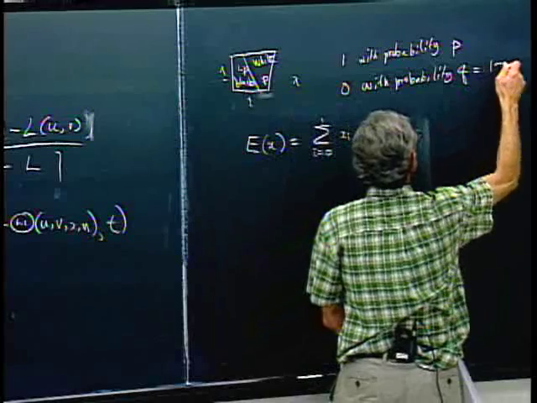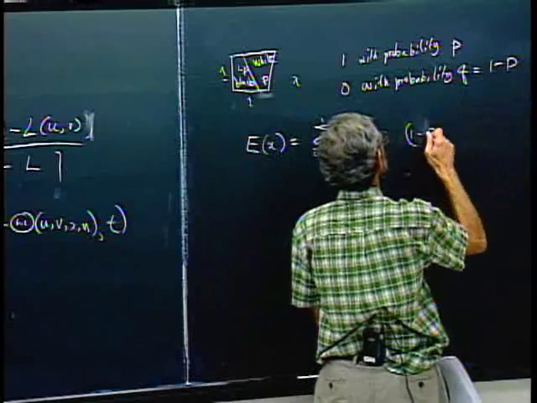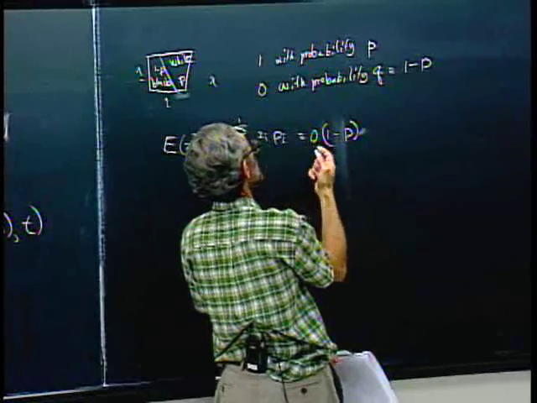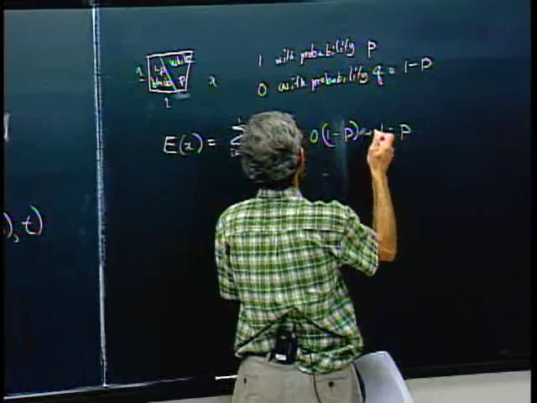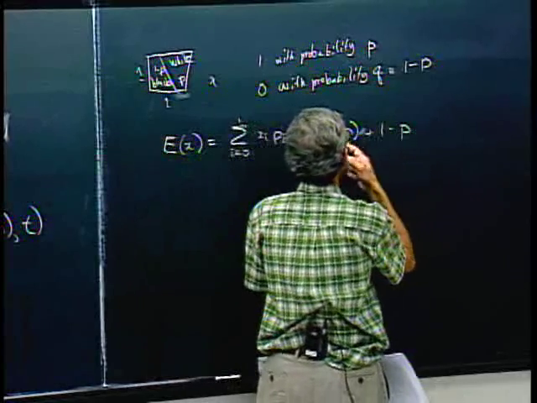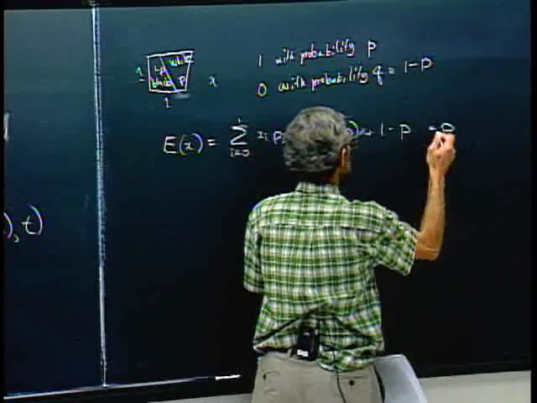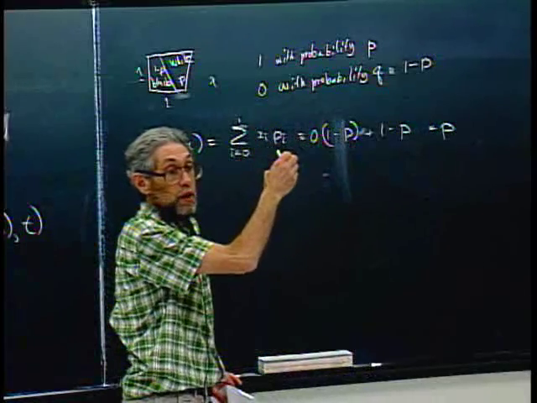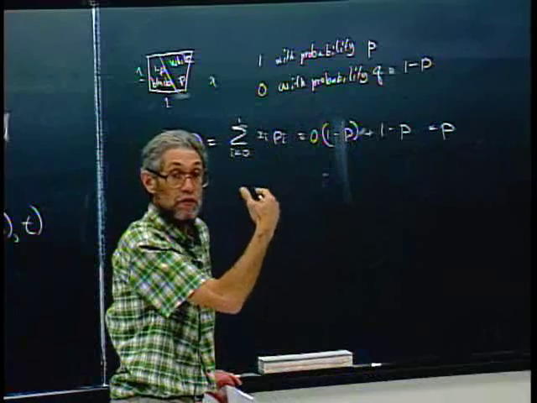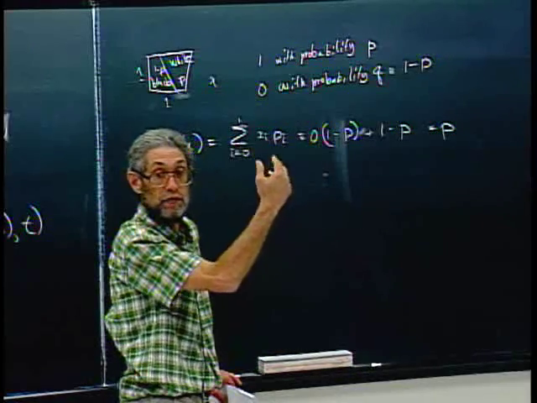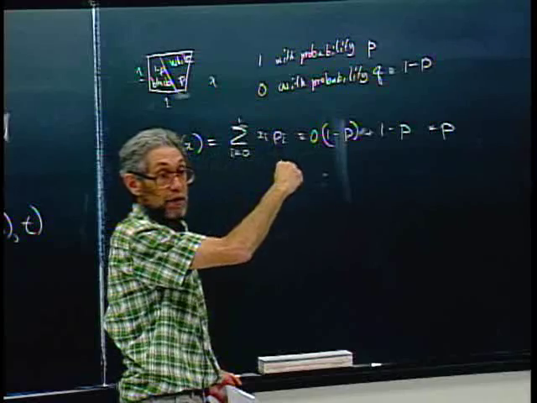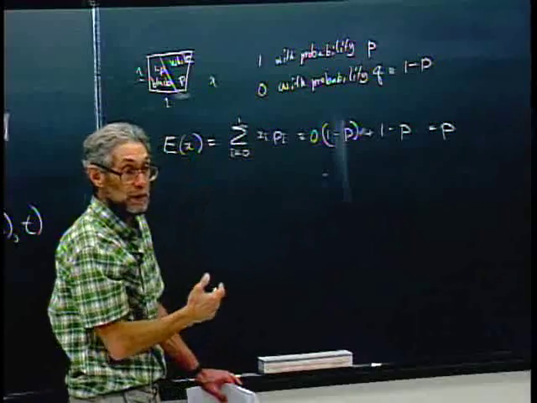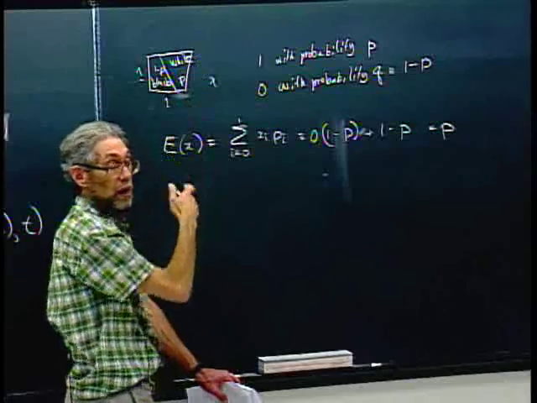This probability q is 1 minus p. So it's 1 minus p times, I probably should put the value x in front. That's why I've written it here. Plus 1 times the probability of getting a 1. And this is 0 and this is 1, so it's just p. So the expected value is p, right? If the fraction of the area of p is white, and the rest is black. That's the expected value, that's actually the integral of the radiance over this pixel. That equals the area that it's white.